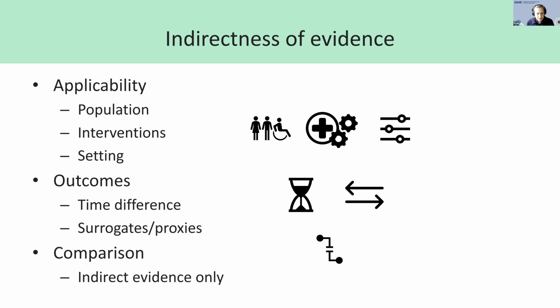So the indirectness of the evidence is the next consideration within GRADE. So how applicable were the studies that were included to the population of interest? Were the interventions the ones which were specified, and what was the setting in which the studies were conducted?